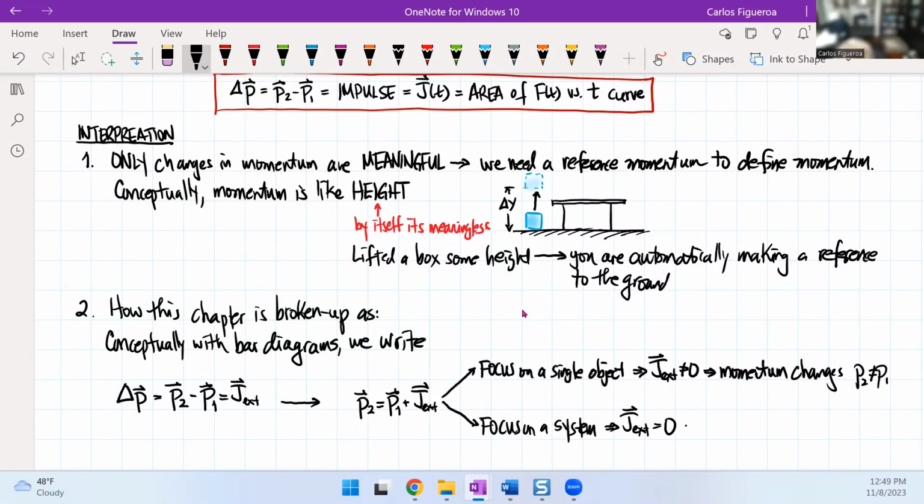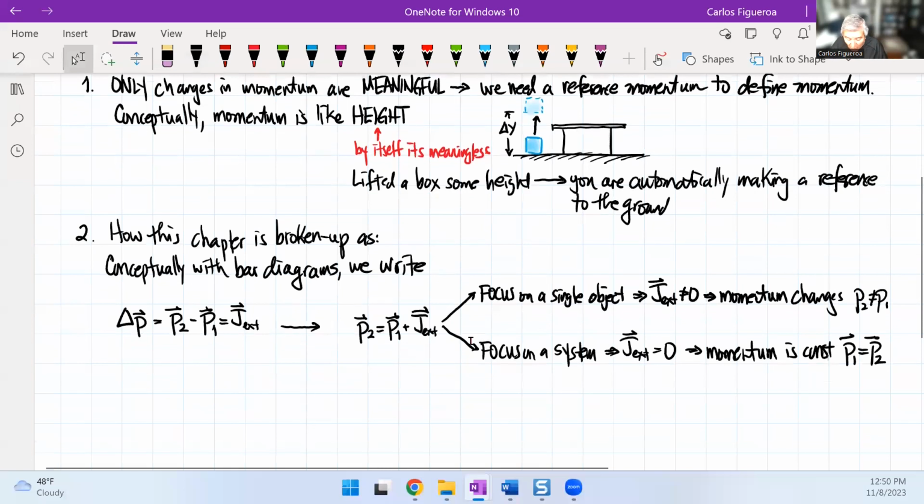And if they sum to 0, then what we find here is momentum is constant, which then means P1 and P2 are the same. So if I focus on a single object, then momentum changes. If I focus on a system, we're going to find that the total momentum doesn't change.